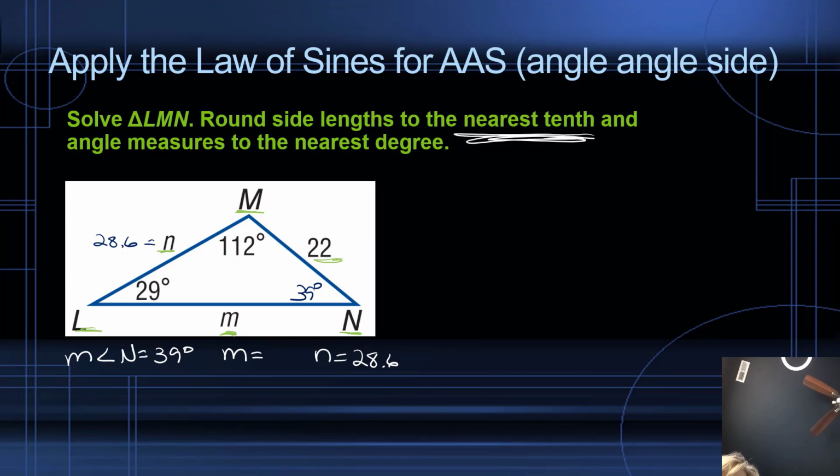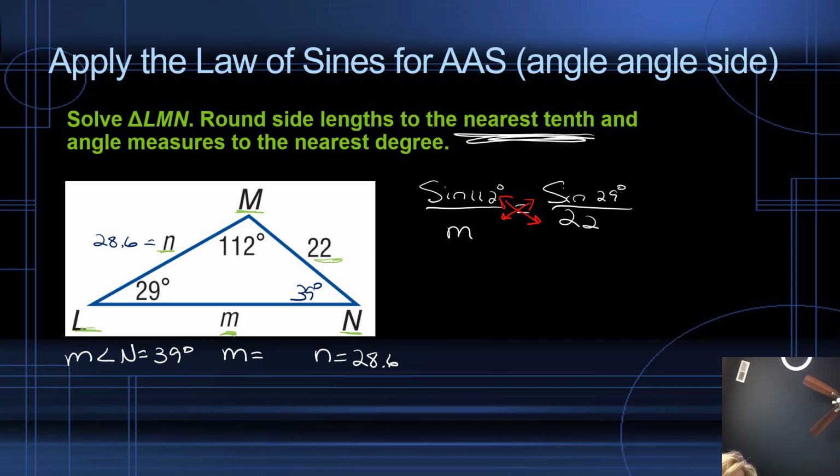Okay. Now we're going to set it up, and I'm going to go ahead and use the sine of 112 degrees because we are looking for this lowercase m. And I'm going to go ahead and use what was given, which is sine of 29 degrees again over 22. Again, we're going to do cross multiplication.